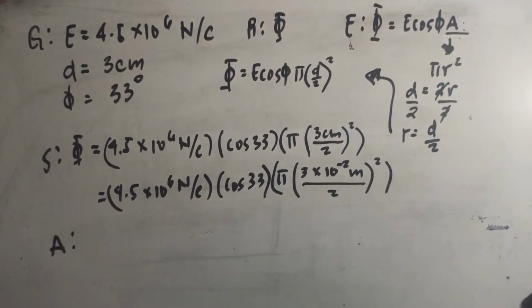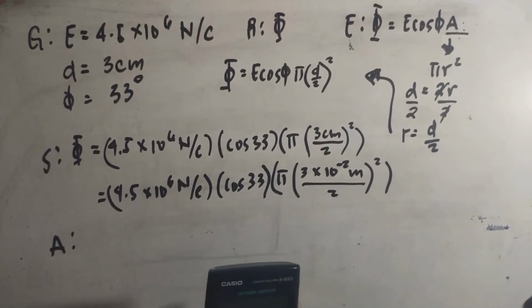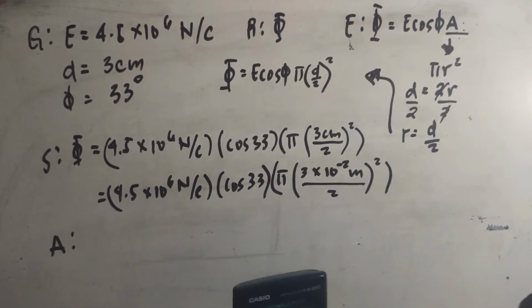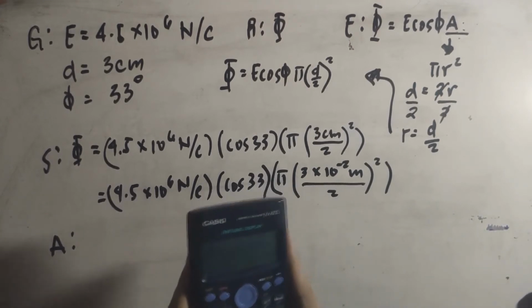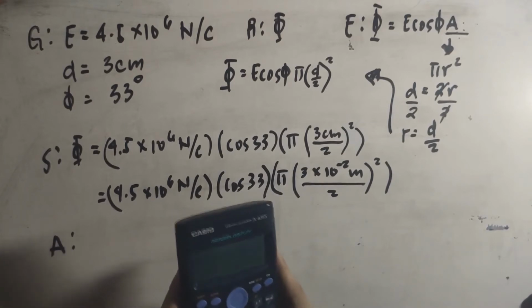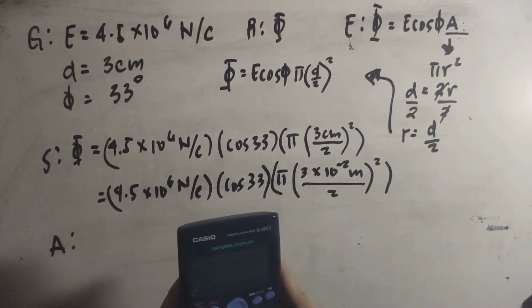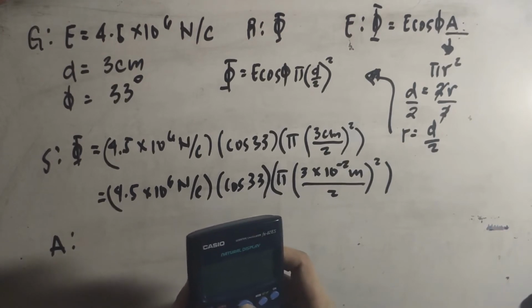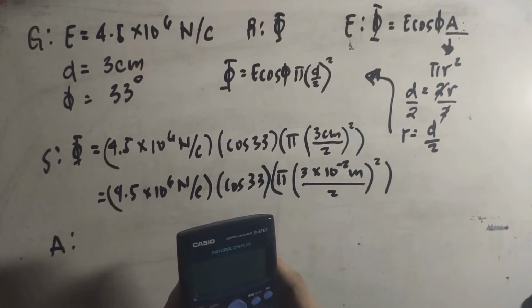Okay, so 4.5 times 10 raised to 6 times cosine 33 times, so that's 3 times, oops, make a fraction first, so that's 3 times 10 raised to negative 2, okay, over 2 to be squared.